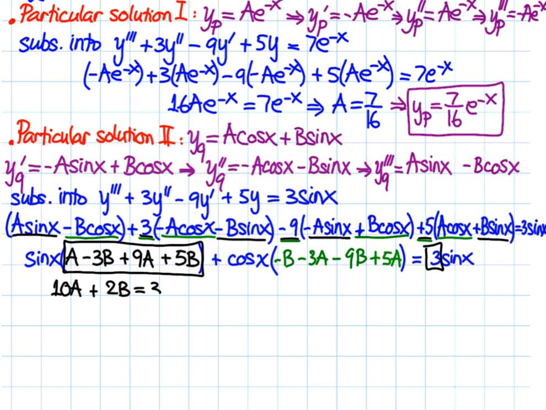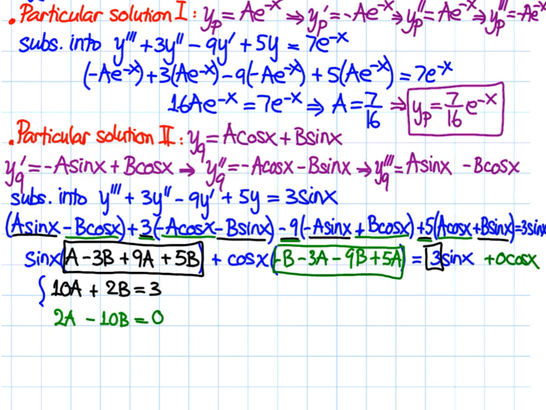And then the coefficient of cosine x, there's no cosine x on the right hand side, so that must be equal to 0. Combining like terms again, we have 2a minus 10b equal to 0. And we have this system of equations.